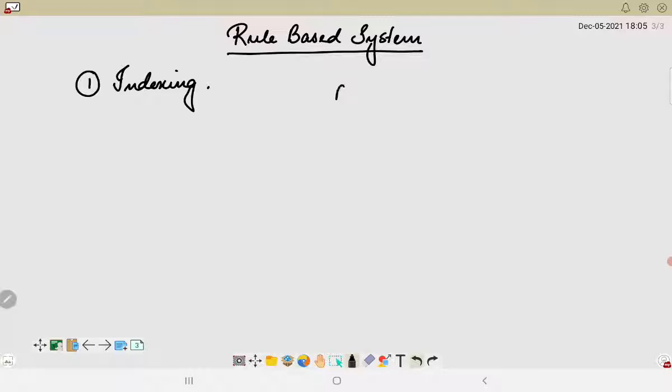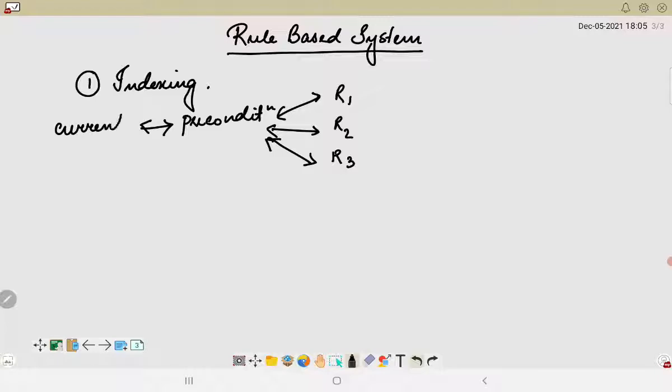So suppose there are rule 1, rule 2, rule 3, and each has a precondition. Each of these preconditions is matched against the rules, and these preconditions are in turn matched with the current state.